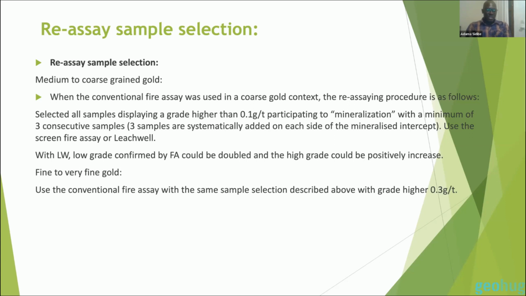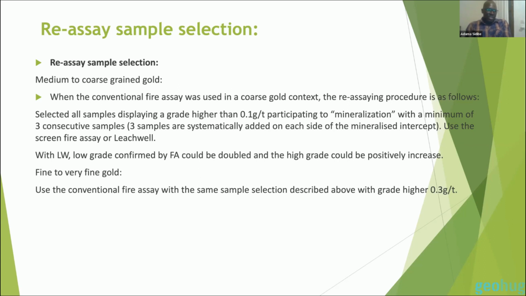Use the 50-50 splitter. Second, select all samples displaying a grade bigger than 0.1 gram per ton, participating in the mineralization. Within the mineralization package, all samples with 0.1 gram per ton can be used to reassay and resample when the gold is free. Use screen fire assay or Leachwell.